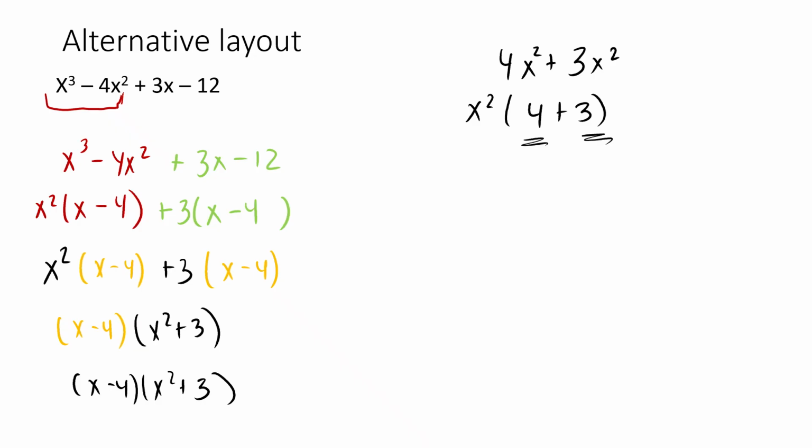All right, and that's the alternative layout. It is exactly the same thing that we did on the previous page, except that it's laid out on the page horizontally. It also doesn't give you some of your alternatives with the area model. You have different places where you can start with this. Here you would probably be locked into starting with the first 2 terms, whatever those happen to be.